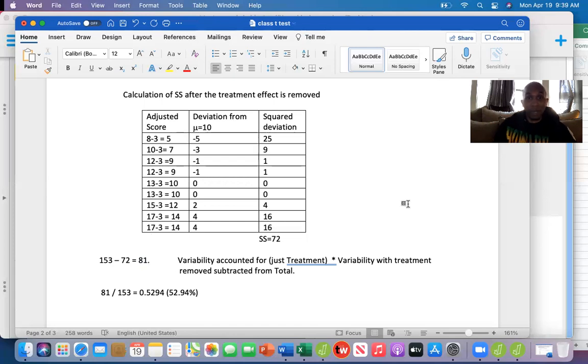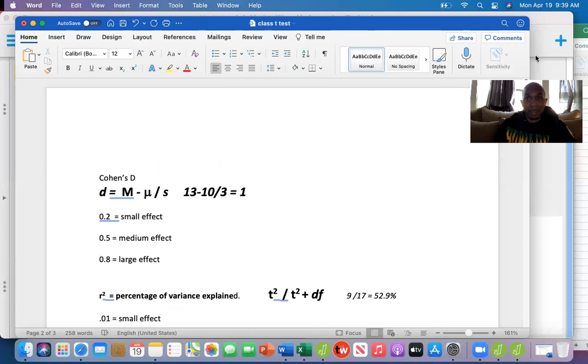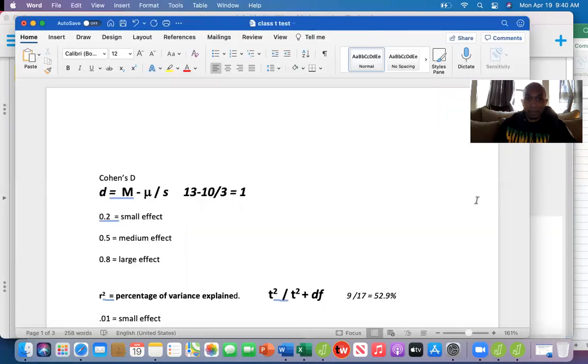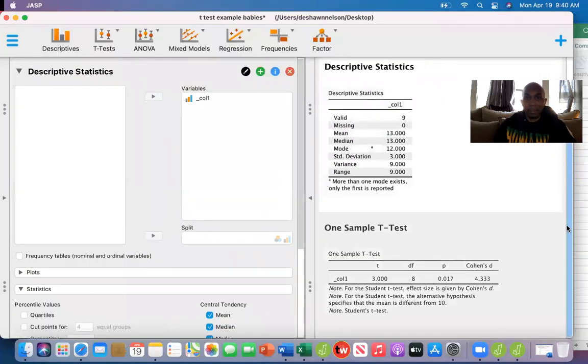But as of right now, we have some issues with our effect sizes on JASP. As you can see, even running Cohen's d, we got 4.33, which is not the Cohen's d that we computed. We had a Cohen's d of 1, but they already stated that they had a bug. But it's just good that you understand the discussion of treatment effect, in addition to your computed t-score.